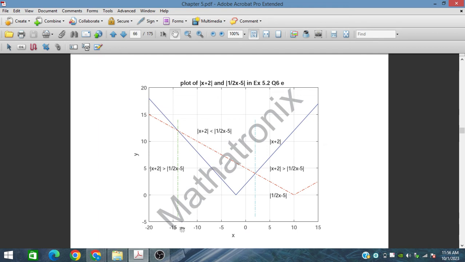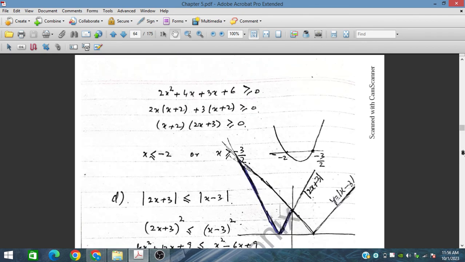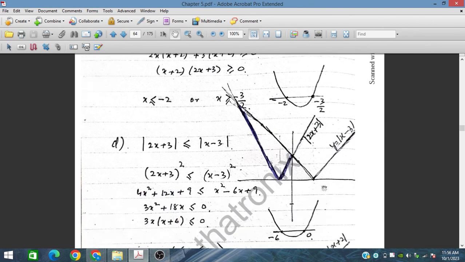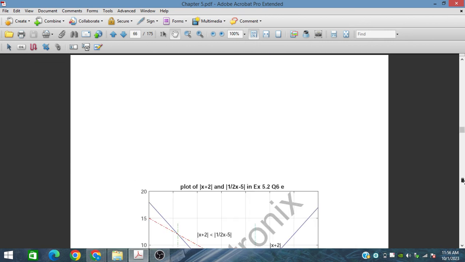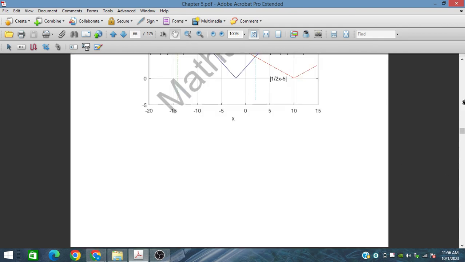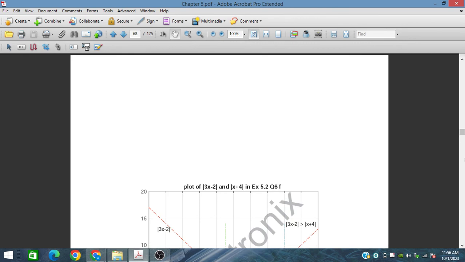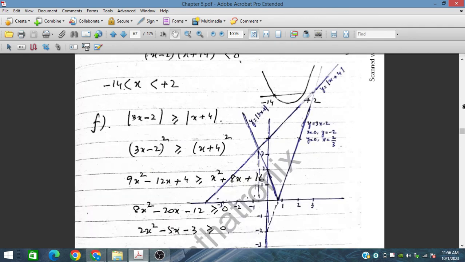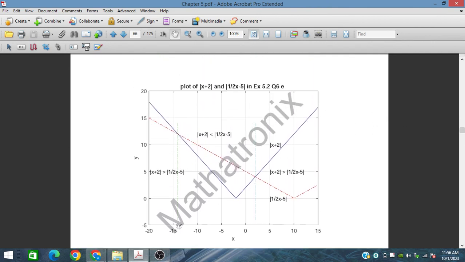So from this, minus 14 to plus 2. This is minus 14 and this is plus 2.